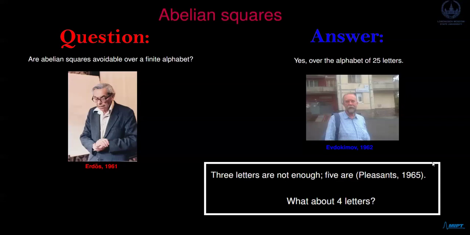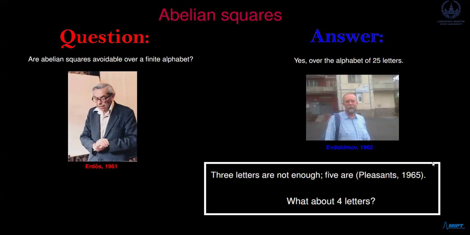The answer came in 1962, when Dekking showed that yes, abelian squares are avoidable, but only if we use an alphabet with at least 25 letters.